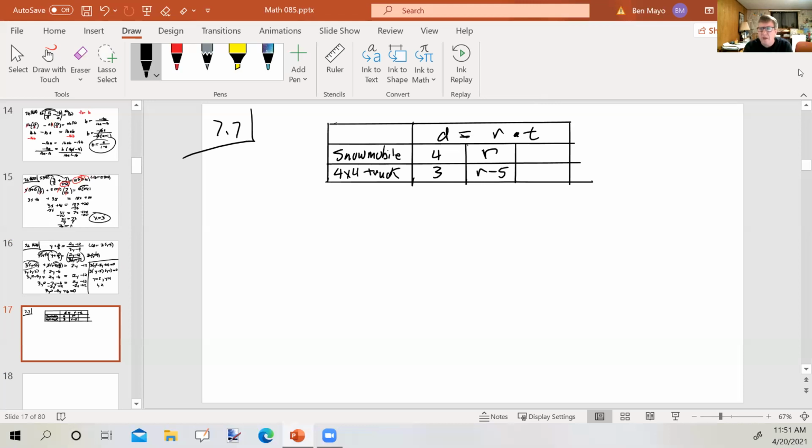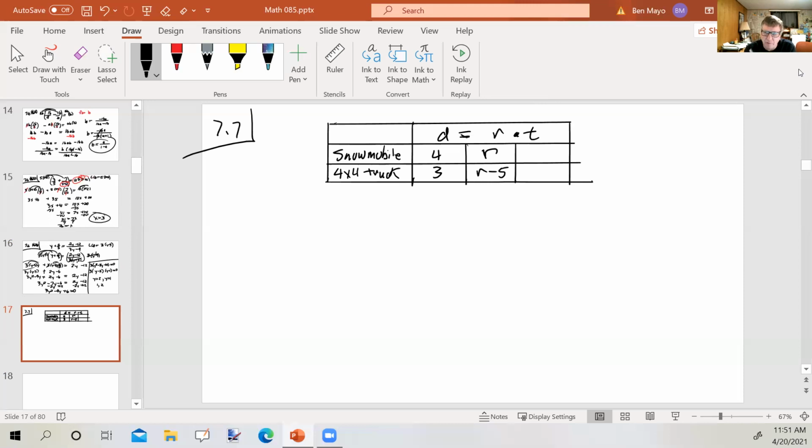Okay, so we've got the formula D equals RT, distance equals rate times time. And we've got a snowmobile that travels a distance of 4 miles, it doesn't say that, but anyway, at a speed that's R. We've got a 4x4 truck that travels 3 miles at a speed that's R minus 5.